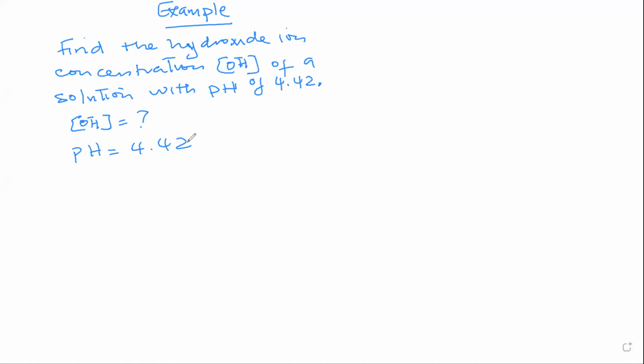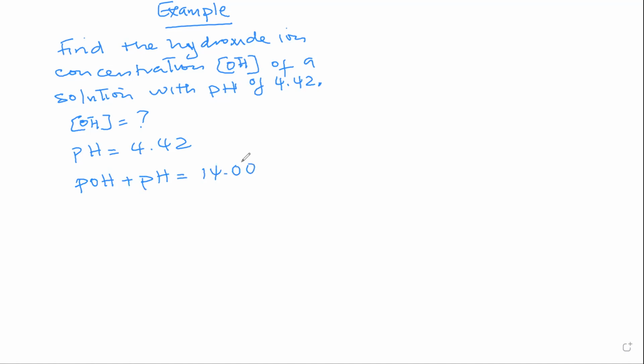So in this type of question, we have to use a different relationship that we haven't used before. Though we know pOH plus pH equal to 14.00, can we use this?